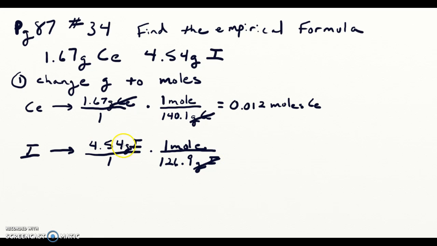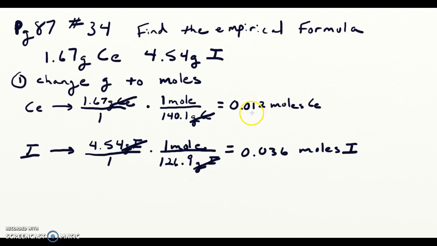So these units will cancel out, and I'm going to divide 4.54 by 126.9, and it gives me 0.036 moles of iodine.